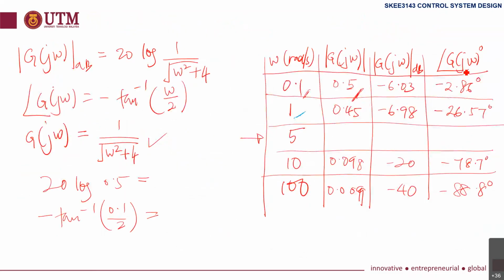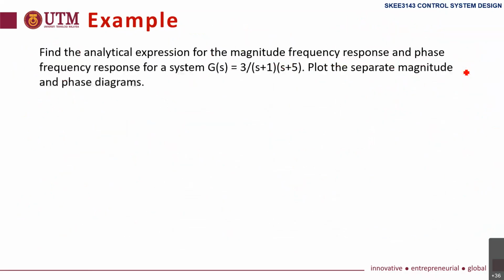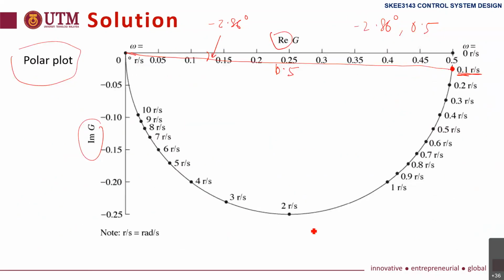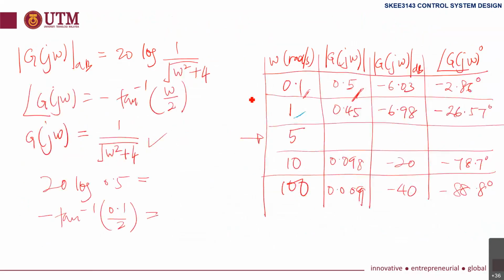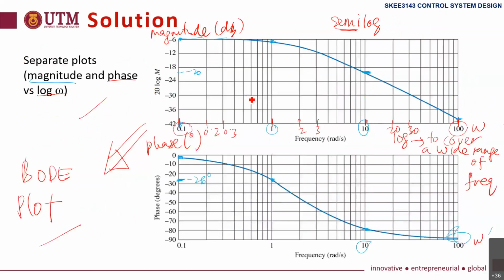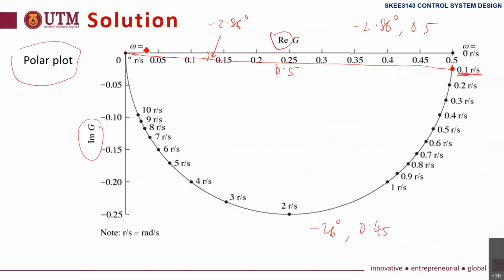Similarly, we have 1 radian per second, with magnitude 0.45 and angle minus 26 degrees. Here is 26 degrees, and the length is 0.45.